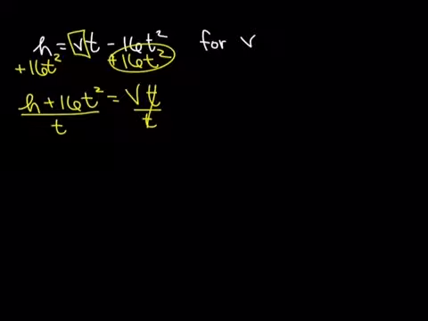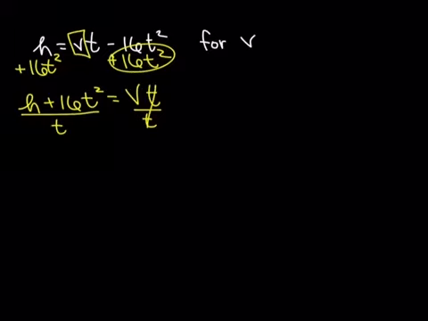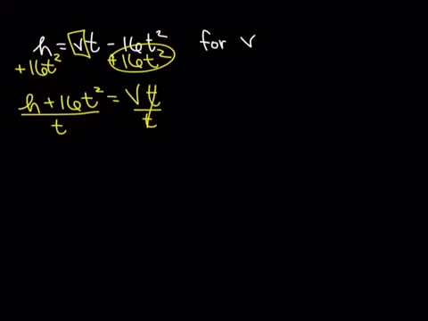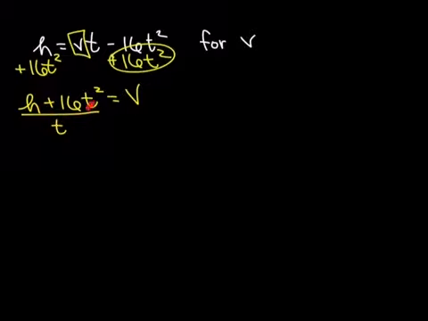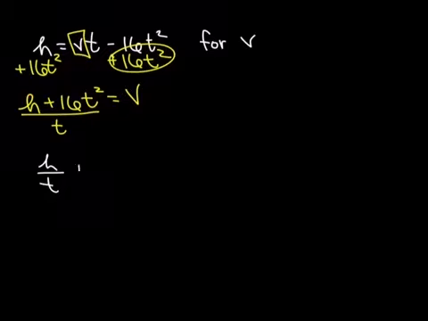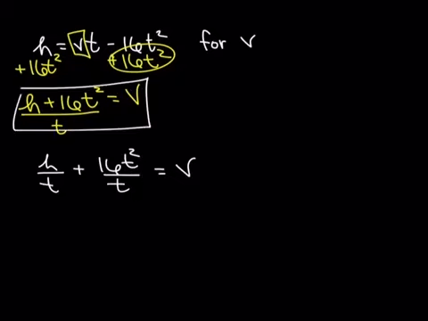And so now we have v equals all of that. Alright, and I am just going to stop at that point because there's no sense in splitting these up. I mean, we could split those up and write it as h over t plus 16t squared over t equals v, but it doesn't really simplify. It doesn't really do anything. So we're just going to leave it looking like that.